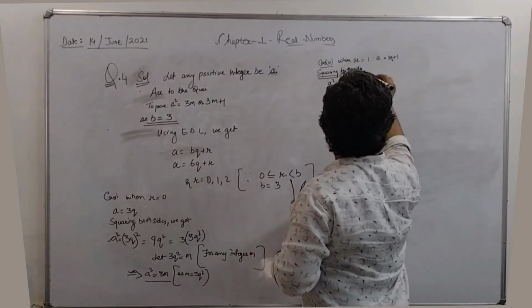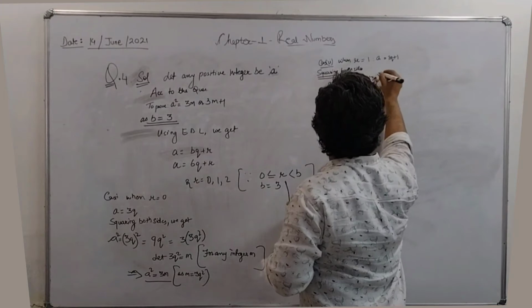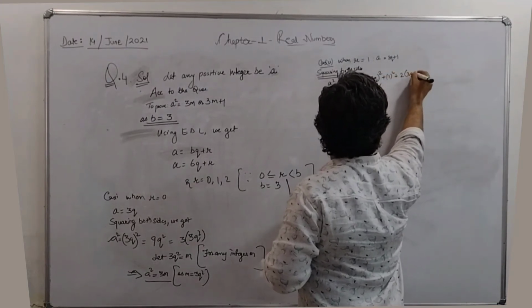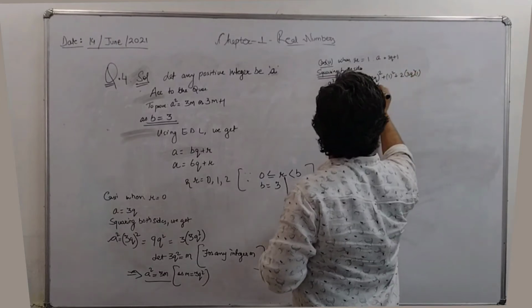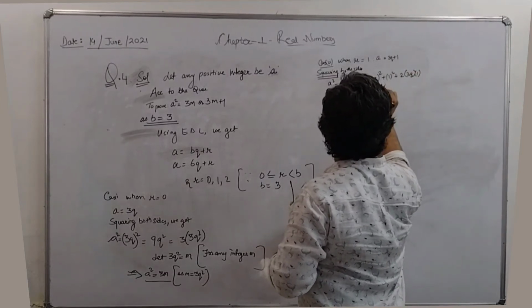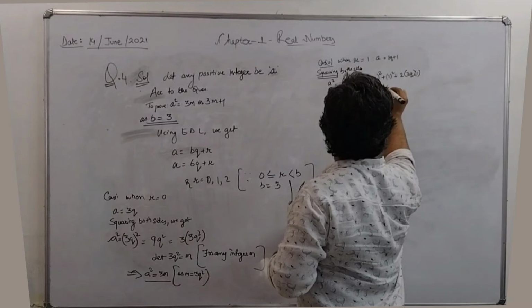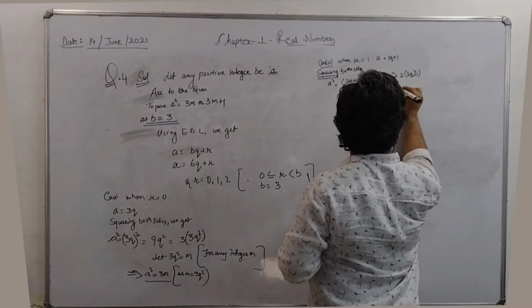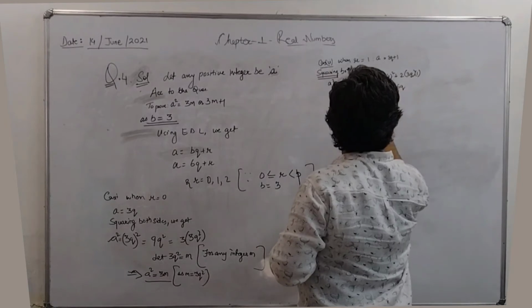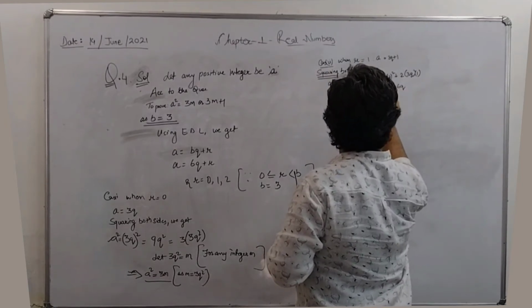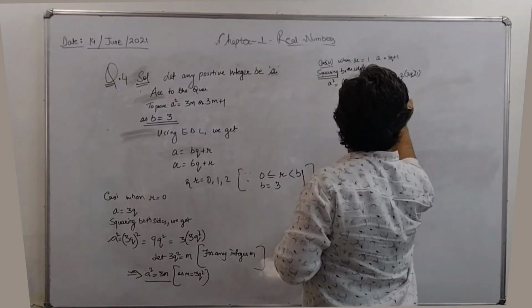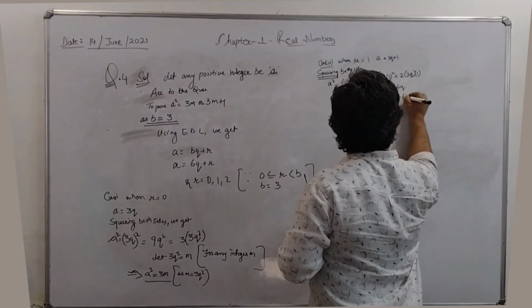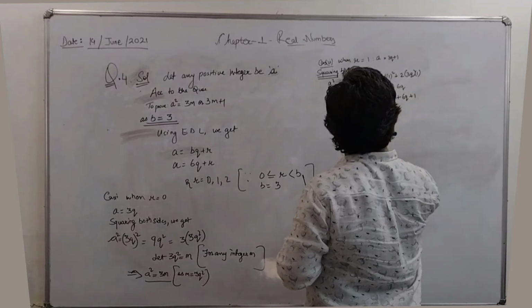So we have a square plus b square plus 2ab. So we will evaluate this, that is 9q square plus 1 plus 6q. In simplest form we write a square is equals to 9q square plus 6q plus 1.